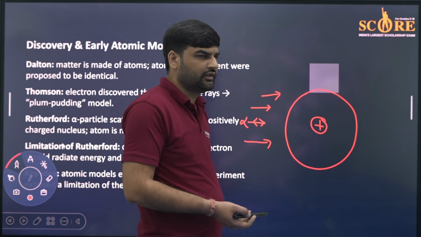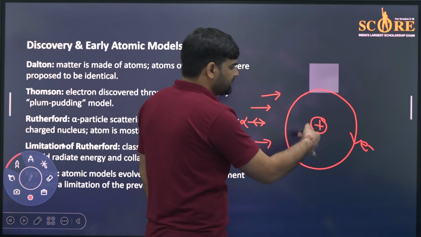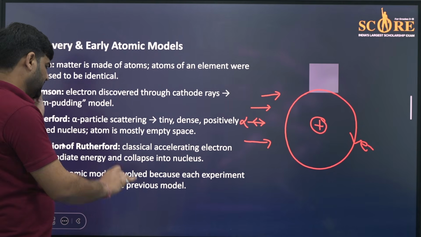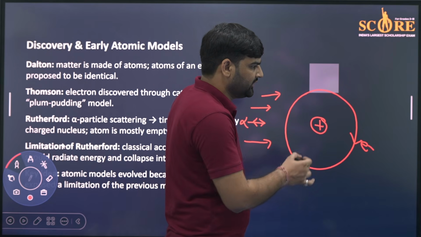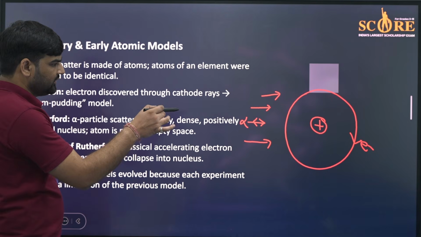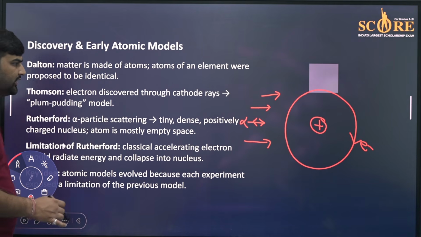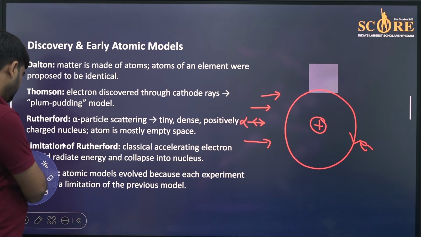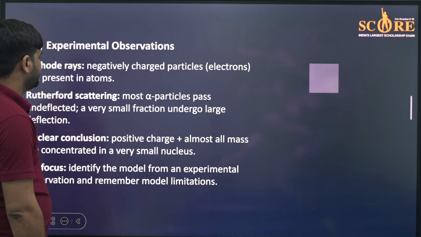According to this theory, every accelerated charged particle when revolving in circular path emits some amount of energy, energy loss occurs continuously, and finally this charged particle collapses into nucleus. So this model also failed.